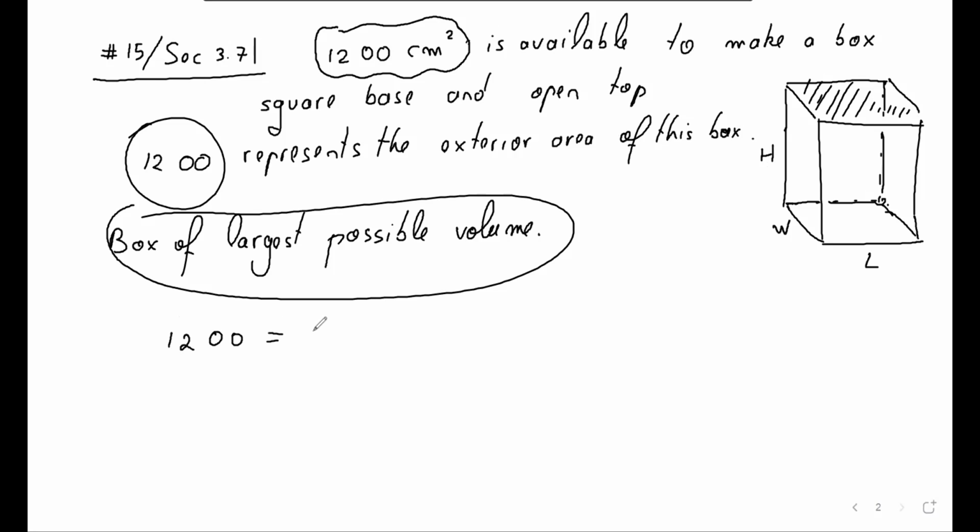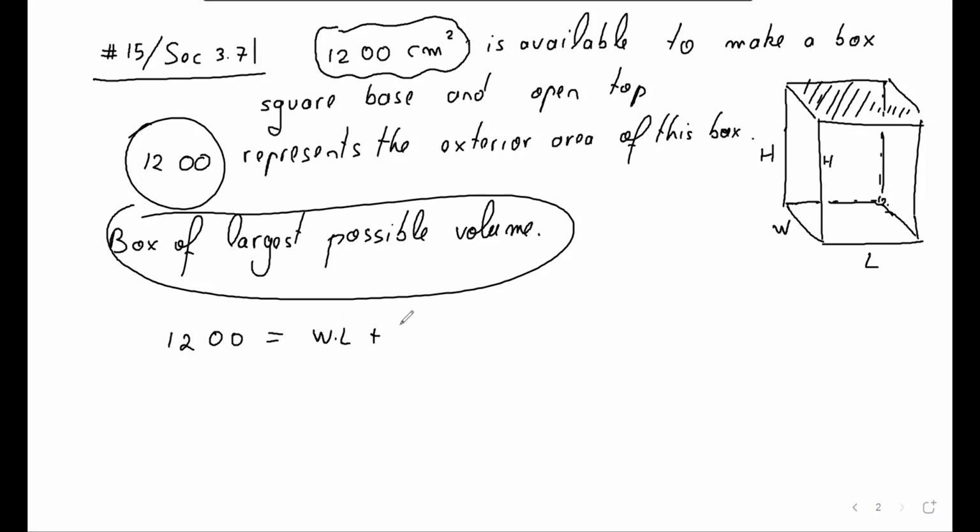1200, my friends, is the exterior area of this box, including the bottom, right? Because I have to put material to build the walls of the box, and I have to put material to build the bottom. So the bottom would be WL, the area of the bottom, width times length. The area of a front face, for example, is L times H, the height.